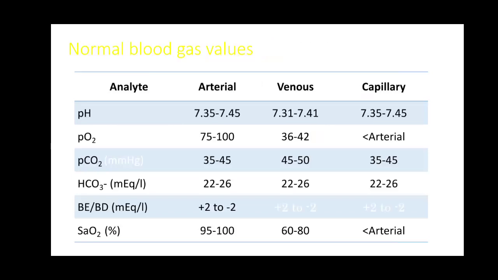The normal pH will be 7.35 to 7.45 in arterial, PO2 will be 75 to 100, PCO2 35 to 45, and the bicarbonate level 22 to 26 milliequivalent per liter, the base excess is +2 to -2, and the saturated oxygen percentage will be 95 to 100.